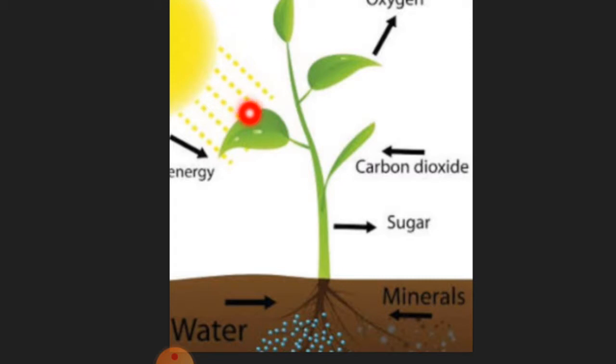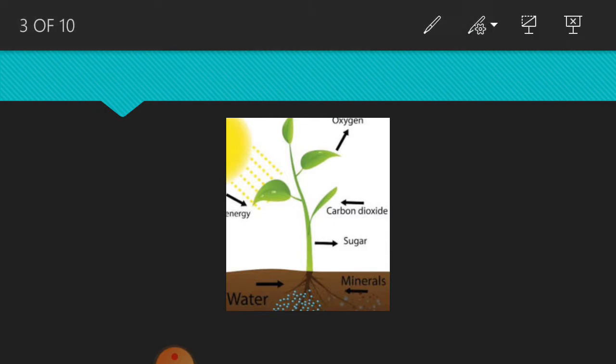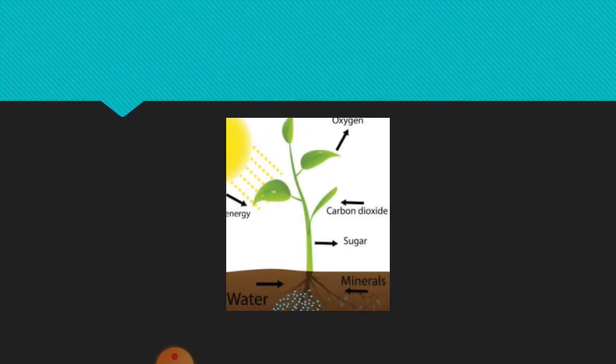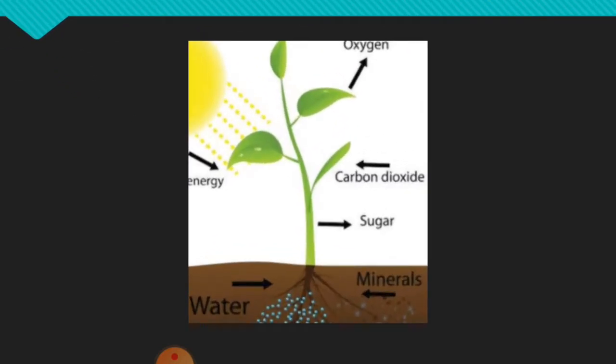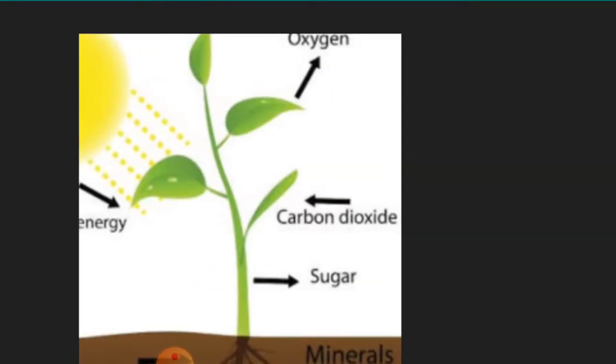By this chlorophyll, a leaf can trap sunlight, and when water and carbon dioxide combine, they prepare food in the presence of sunlight. So the important function here is the food that is prepared by these leaves. So it is photosynthesis in the plant leaves.